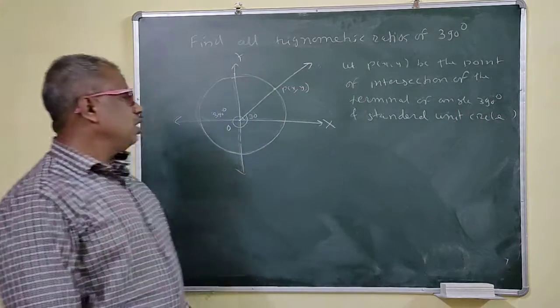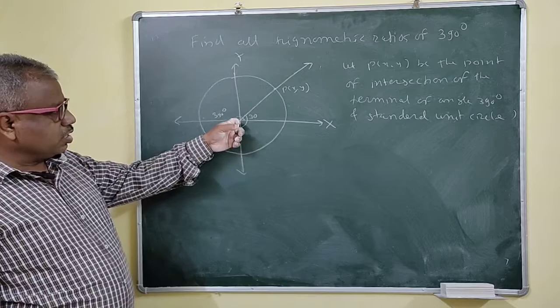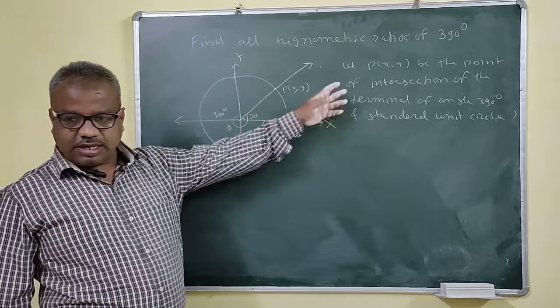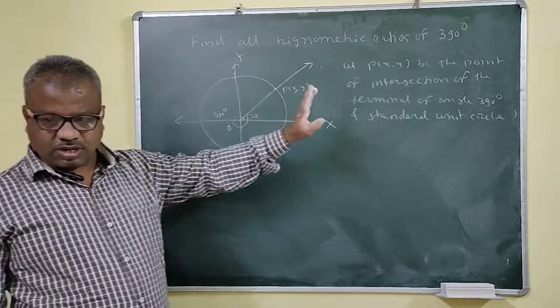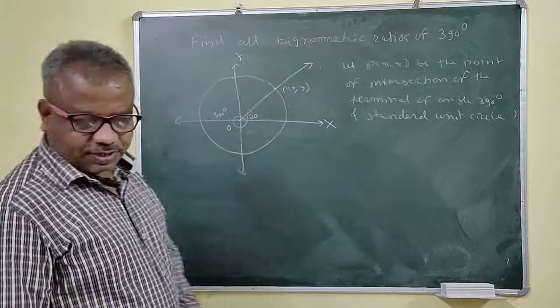Or you may write, the terminal arm of angle 390 degree intersects the standard unit circle at P(x, y). Both ways you can write this one. Right?